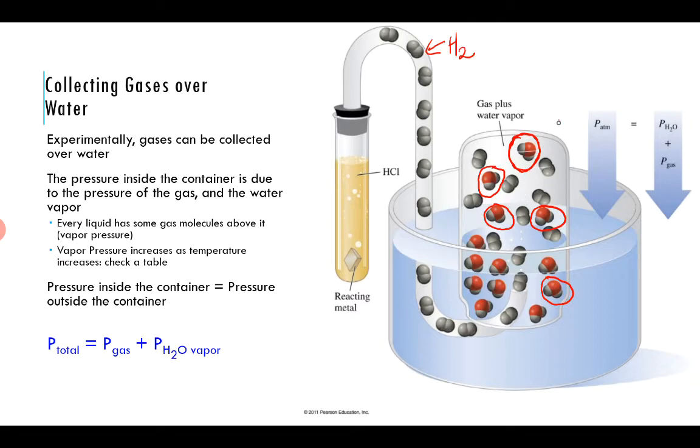But the main point is that we have a mixture of gases inside this collection tube. We don't just have hydrogen like we're interested in. We have water vapor as well. And so when we do these lab experiments, we're going to have to subtract out the vapor pressure of water. So the vapor pressure of water we're going to look up in a book.